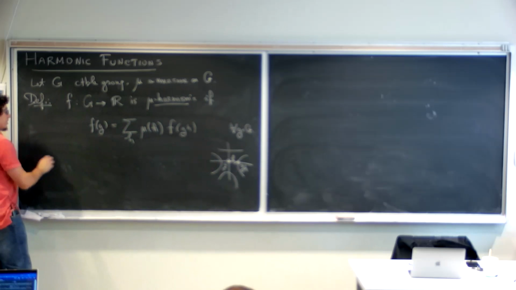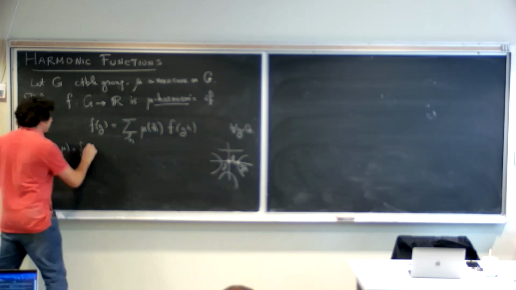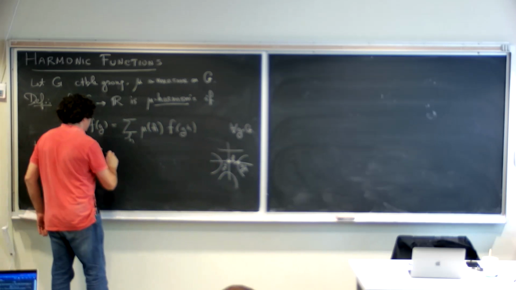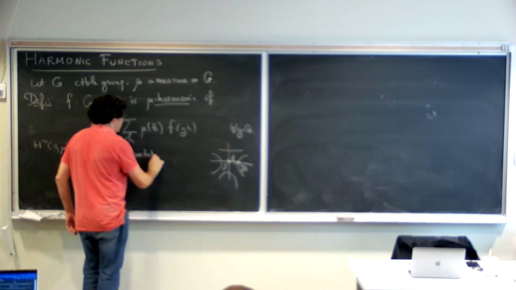Okay, and also in terms of notation, we have H infinity of G, mu, which are the bounded harmonic functions, f from G to R, bounded and mu harmonic.